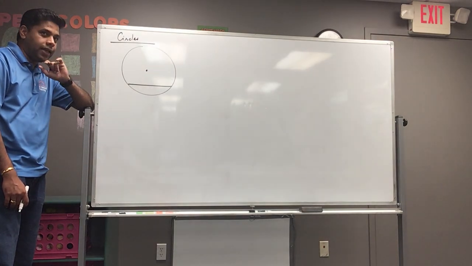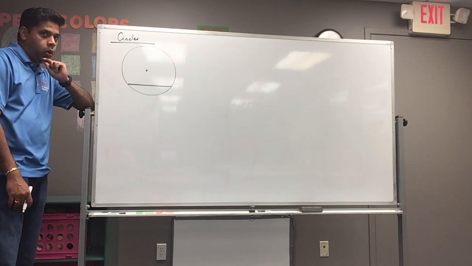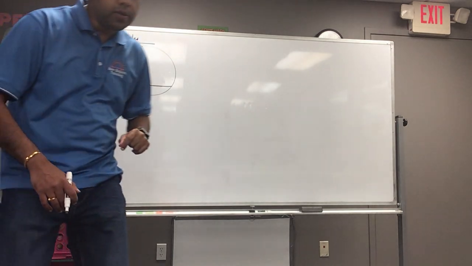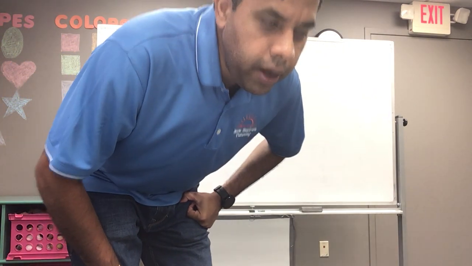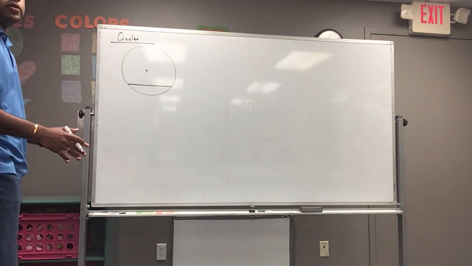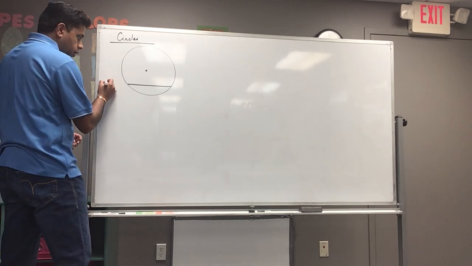It starts with C. Is it a secant line? Is it a chord? Chord. Somebody said secant. Well, as you used the word secant, I'll tell you the difference between chord and secant. Look at this.